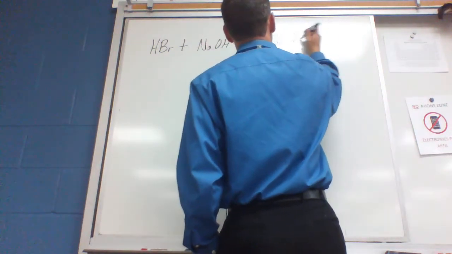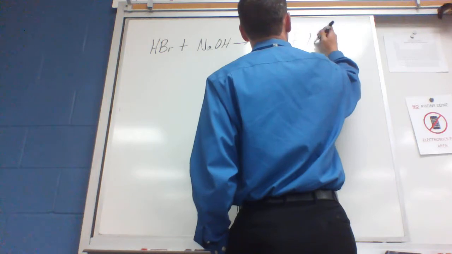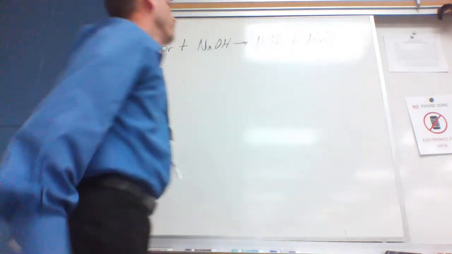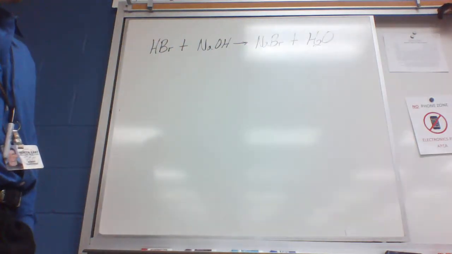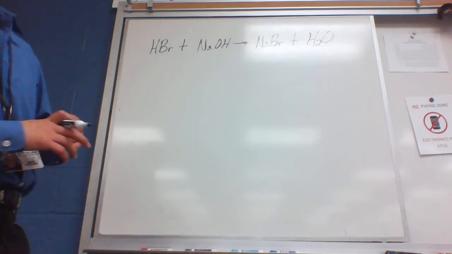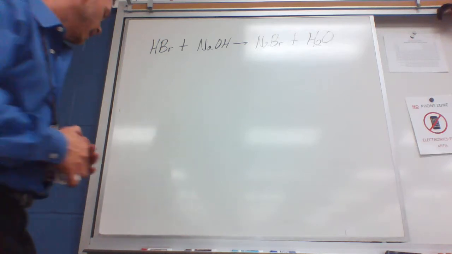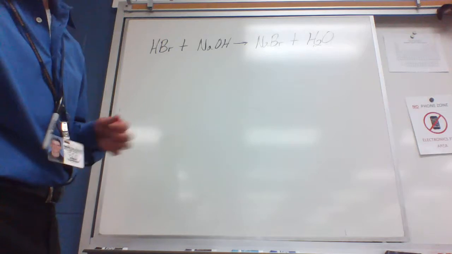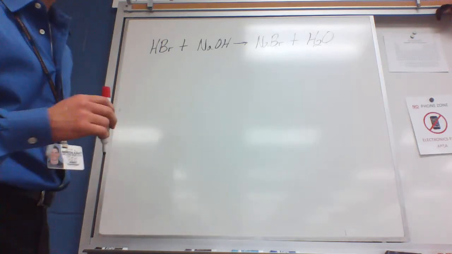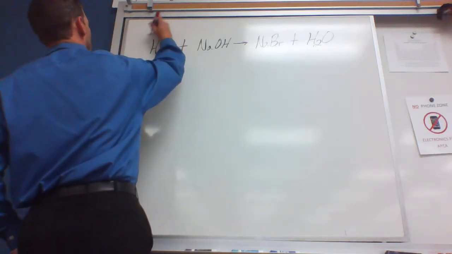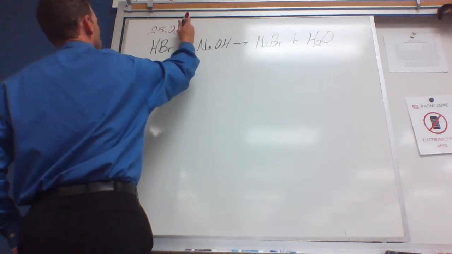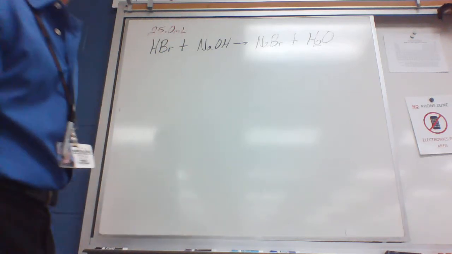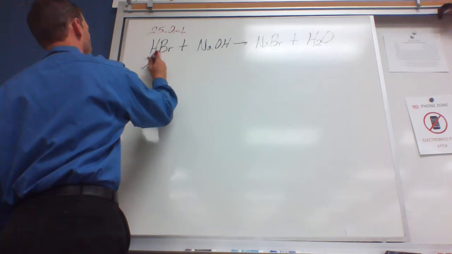Because it'll be all 1s. So let's look at the information that it gives us. For the acid, it tells us that we are at 25 mils of 0.625.